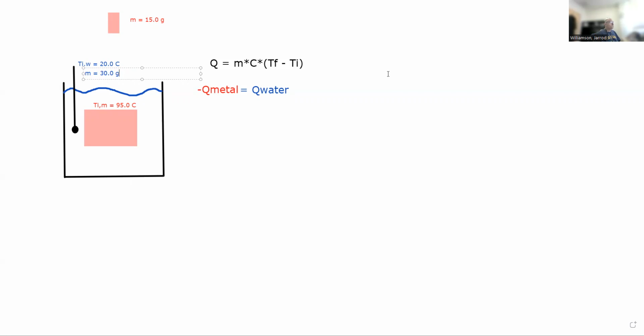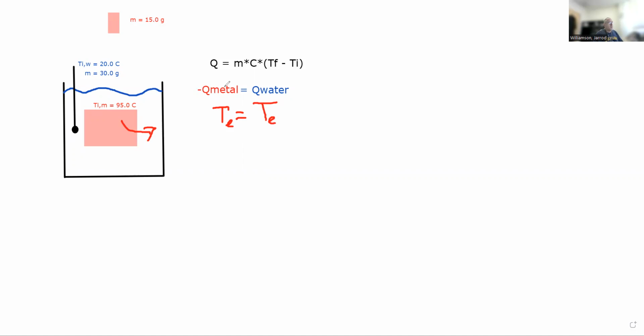When I drop the metal into this water, the heat is going to flow from the metal into the water until the metal cools off and the water warms up and the temperature of the metal becomes the same as the temperature of the water.